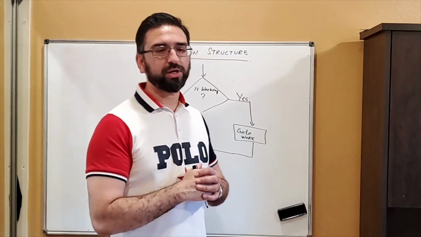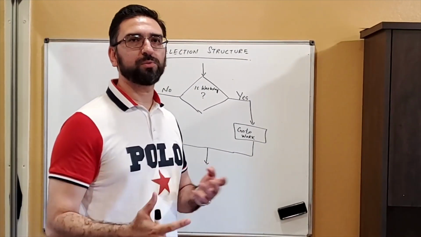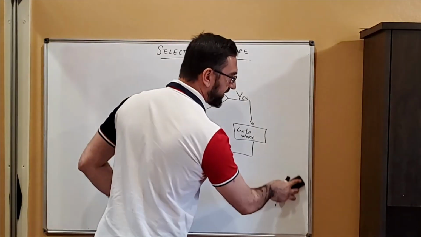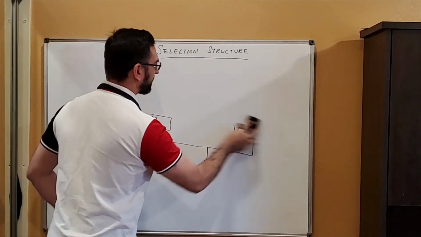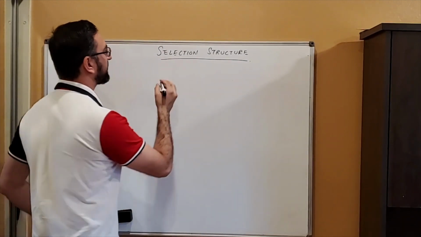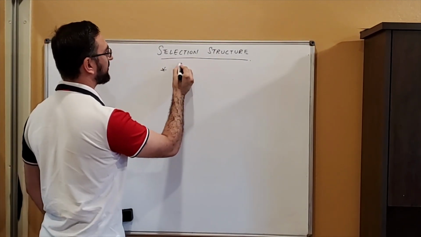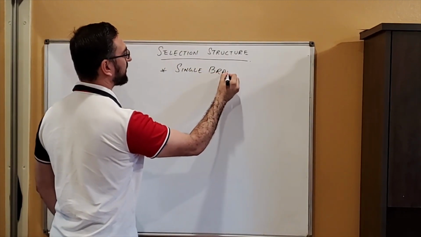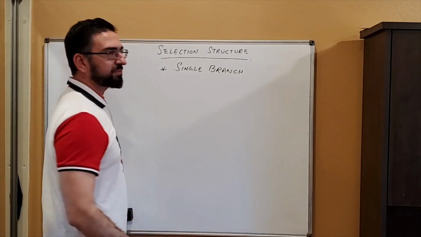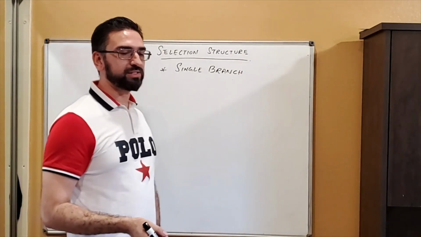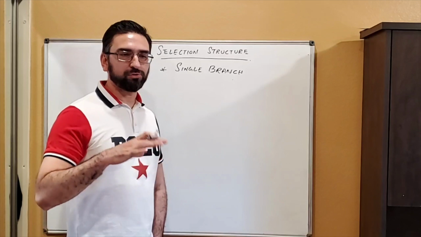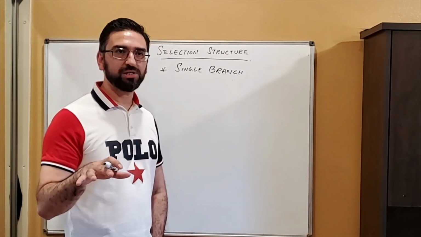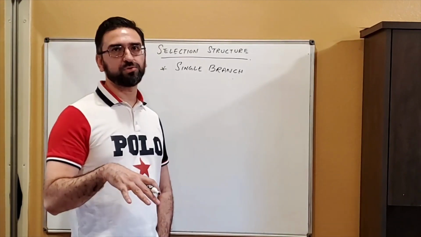Now in a computer programming language, there are multiple ways of decision making. So for example, we can make decisions with what we call a single branch statement, right? Let's suppose I have to do certain work and I can skip that work based on a certain condition, but there is no alternative to that work.